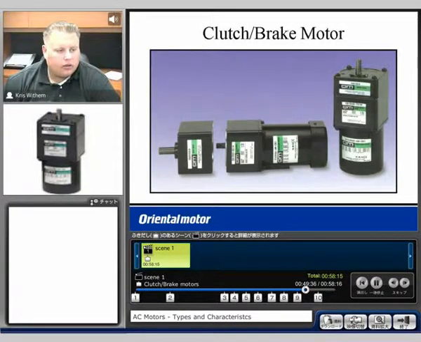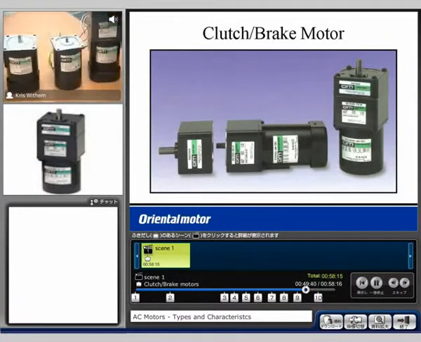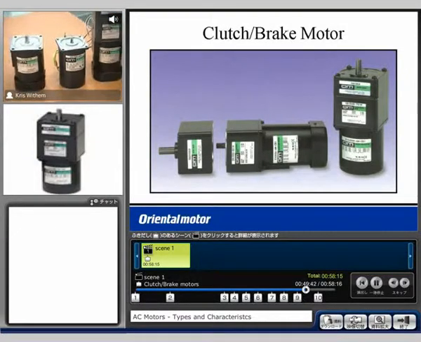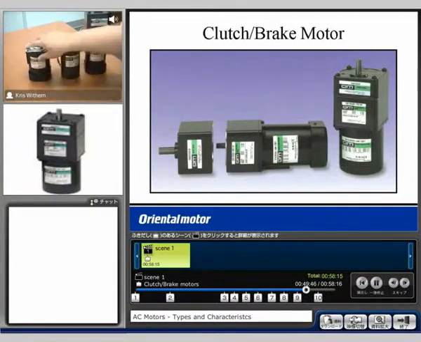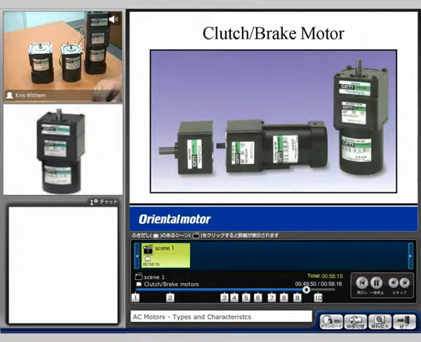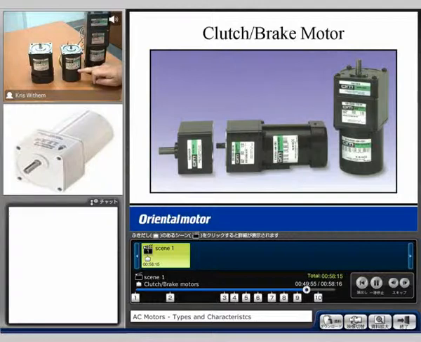If we take a look, we'll see, keeping reference to our AC gear motor without a gearhead on it, that's here. This is our electromagnetic brake type motor. As you can see, around here is where the actual motor case stops, and then this is where the brake hub is.